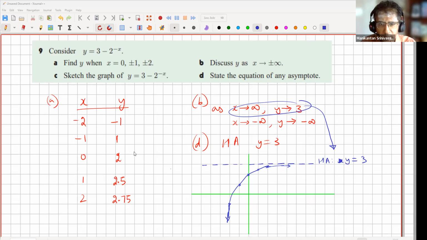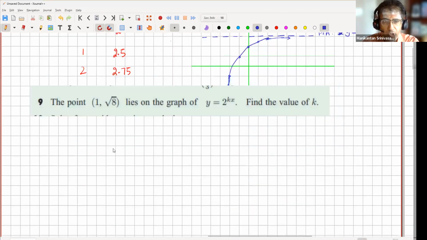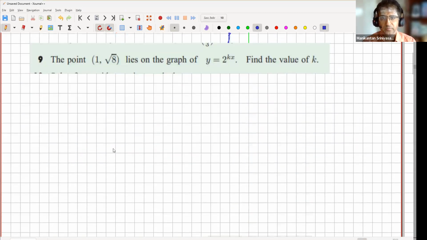All of them are fairly simple, right? Nothing much. Okay, can we do question 9 in 3C? Point (1, root 8), that one.